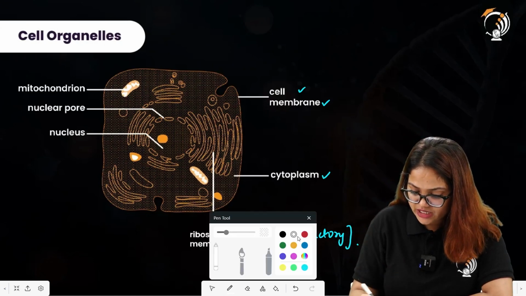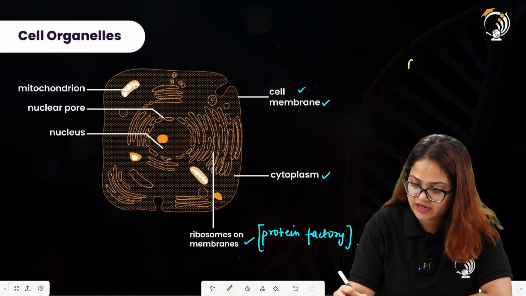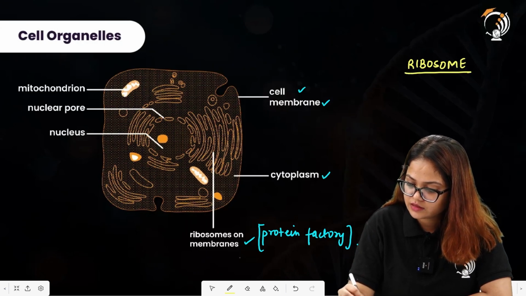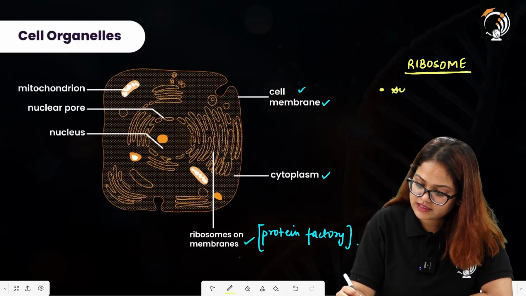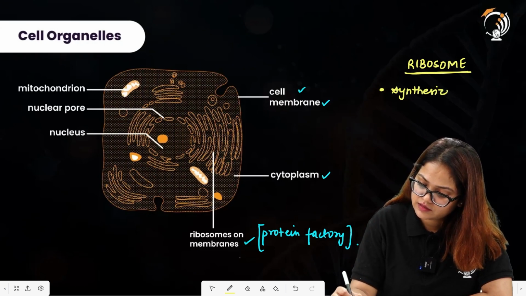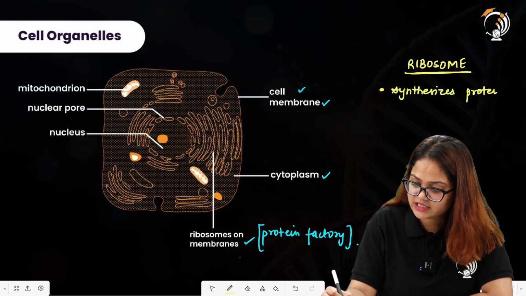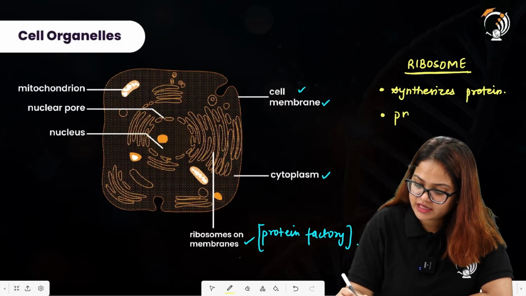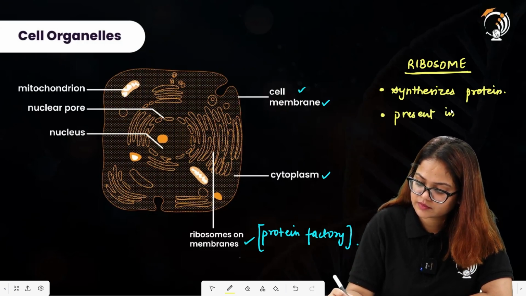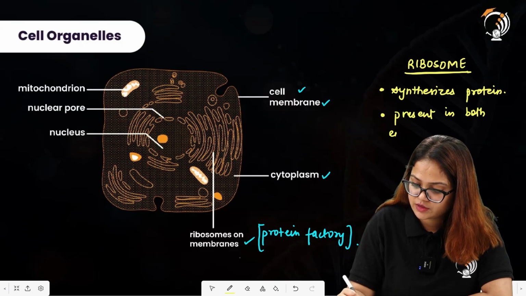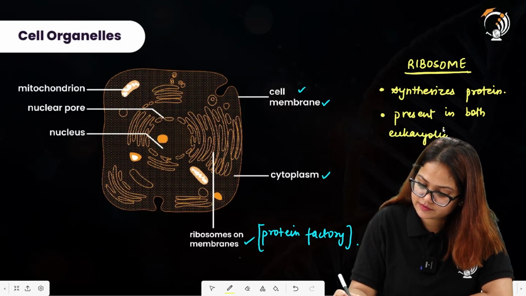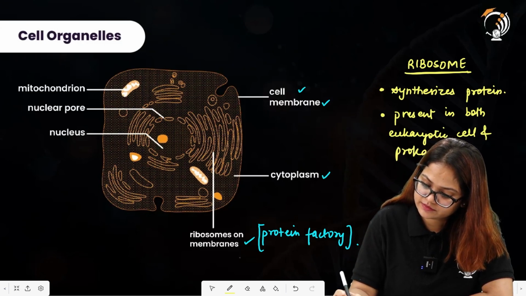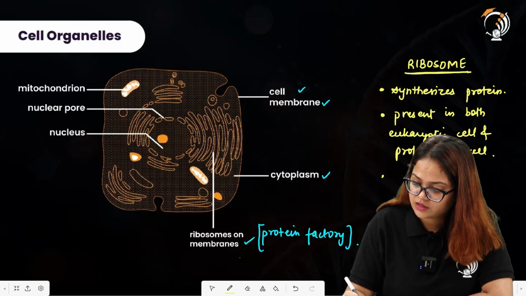So let me give you a brief about the ribosome as well. Here we have the ribosome. It synthesizes protein, hence called the protein factory. It is present in both eukaryotic cells and prokaryotic cells.